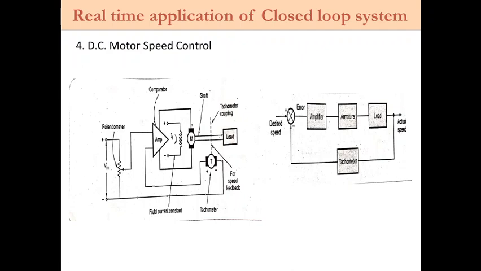So based on the signal you get from this tachometer, in this error detector you are going to calculate that, and whatever signal you get needs to be amplified. Then in the case of the armature, the speed signal will be converted into voltage, because the input here is voltage only. Then that voltage will be fed to the load, that is, to the motor. Based on that you will get the required output.